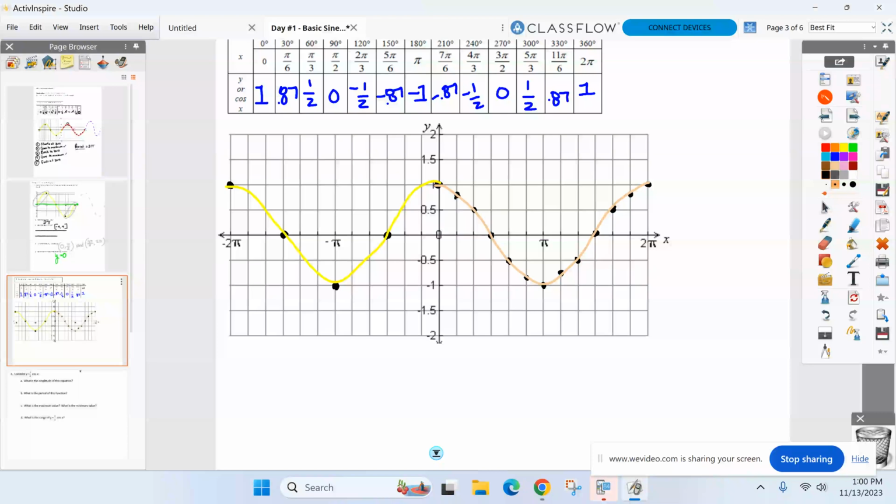I want you to do the same thing you did with me for sine. Tell me where it starts, goes, ends. Where does it start? 1. Watch it, I want to be a little bit more specific. Yes, it starts at 1, but 1 is also the what of this curve? The max, right? So cosine will always start at the max. Don't just think 1, it depends on where the max is. So it starts at the maximum, then goes down to 0.